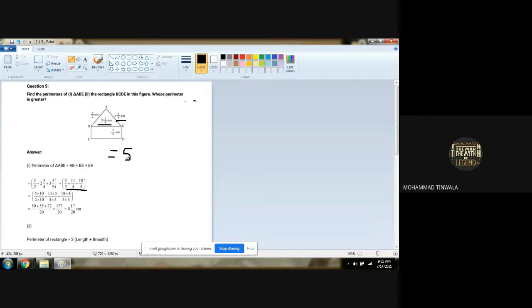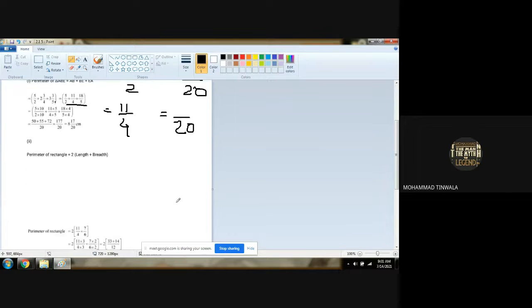5/2 is equal to, we have to convert this into 20 here. Then 11/4, this has to be converted up to 20 here. Then the last fraction was 18/5, which has to be converted to 20 as the denominator.